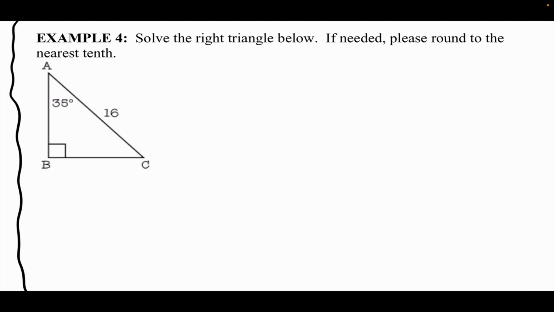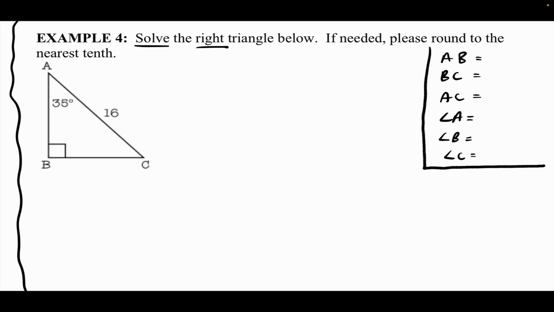So the first thing, since it says solve the right triangle, is list everything that I need. Okay, let's start with the sides. A to B, B to C, A to C. And then there's 3 angles. Angle A, angle B, and angle C. Okay, what do you know?